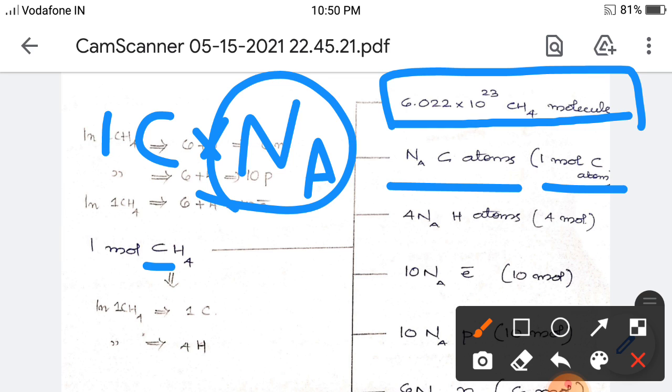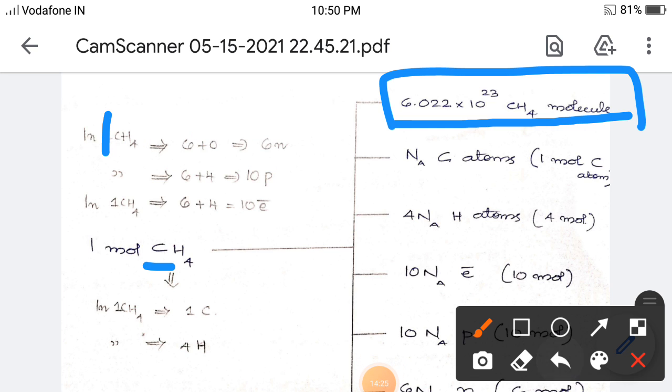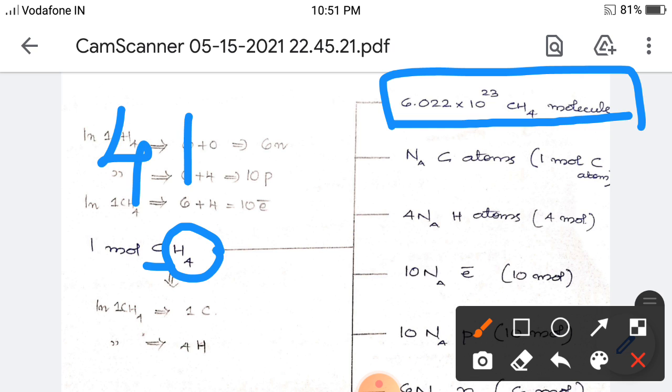Now, how many hydrogen atoms are present in 1 mole of methane? 1 mole of methane contains 4 hydrogen atoms. So here we have 6.022 × 10^23 CH4 molecules, so 4 hydrogen atoms into NA.